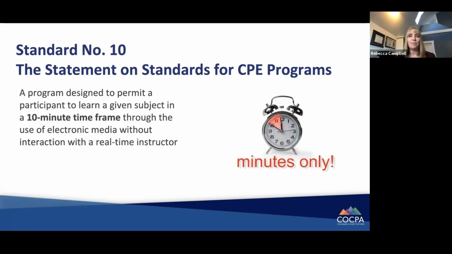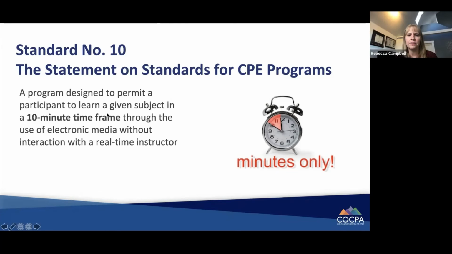And I learned something. So I think nano learning will come into its own, because let's say I take an 8-hour CPE class and there's been some kind of small tax change, so I don't need to take another CPE class, but I could take a nano learning class to learn that additional information and get credit for it. You do have to pass a test. It's considered a form of self-study, and you have to get 100% on the test.